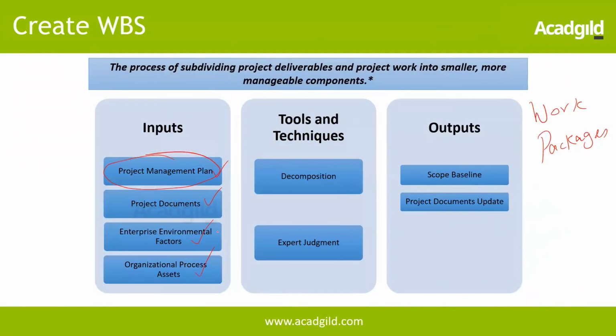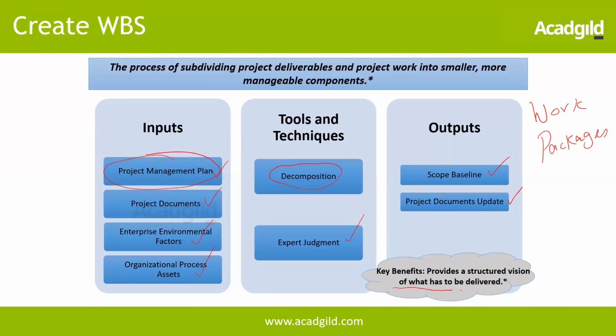Then EEF, OPA. For tools and techniques, the important ones are decomposition and expert judgment, which we all know. Outputs are the scope baseline and project documents updates. The key benefit is to provide a structured vision of what has to be delivered.